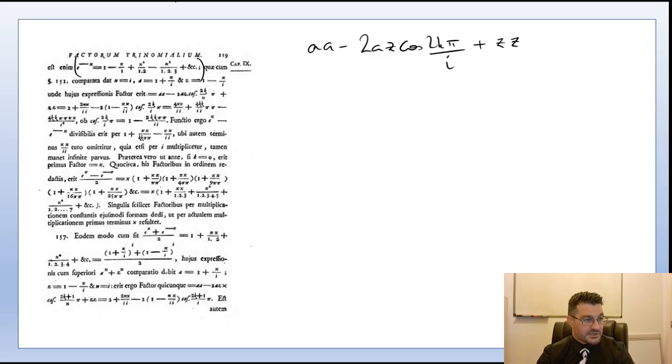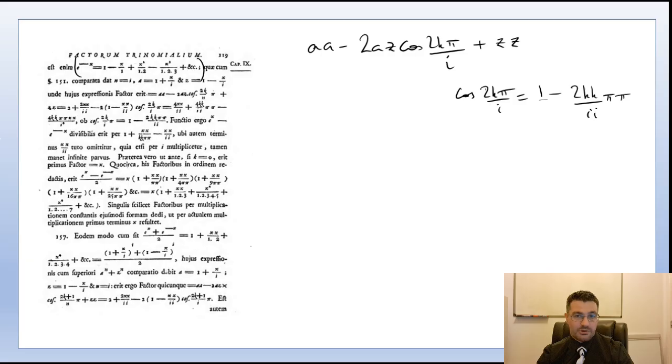So he uses the same trick: because 2kπ over I is infinitely small, we can say that cos(2kπ over I) is equal to 1 minus, well, we've already gone through the calculation, so it's 2kk over II π.